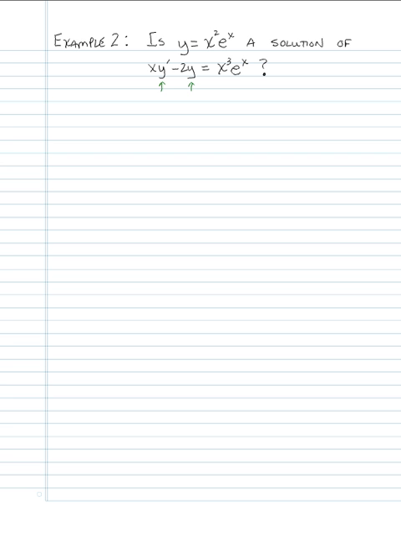So we start out with the given that we're trying to decide, and we're given y equals x squared e to the x as a proposed solution. Well, if that is a solution, then we would need to know y prime. And of course, to calculate y prime, we see that we have to use the product rule. So we'd say first function x squared times the derivative of the second function.